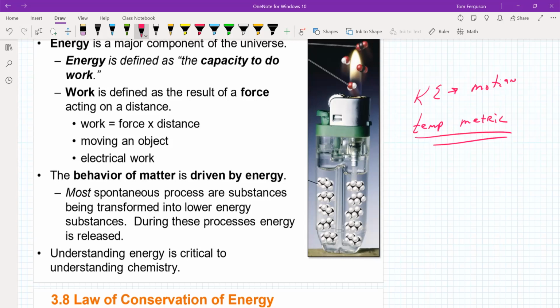Okay, and the temperature is Fahrenheit or C. Fahrenheit and C are relative temperature scales, and they're based on water freezing and boiling. The problem is it's relative. So to get rid of that relativeness to water, they invented a scale called the Kelvin scale.